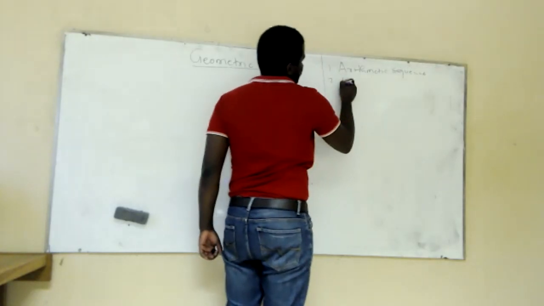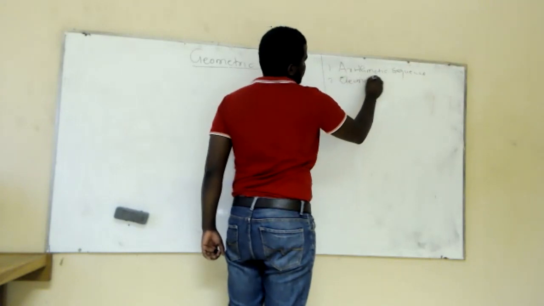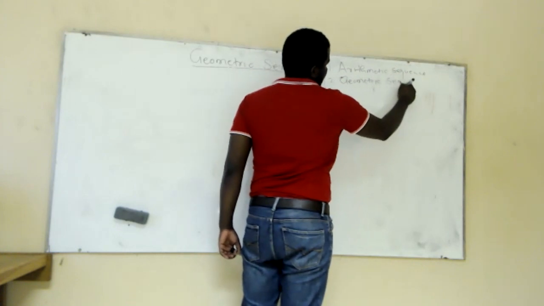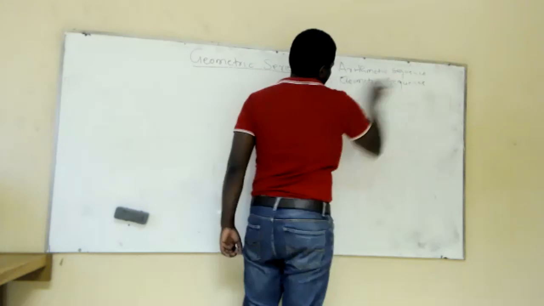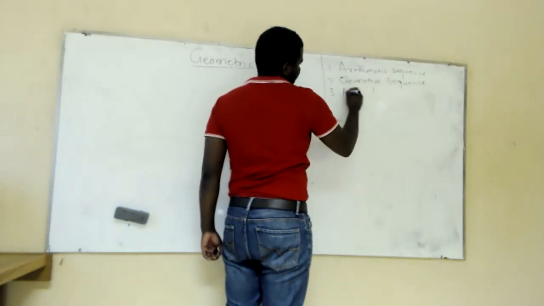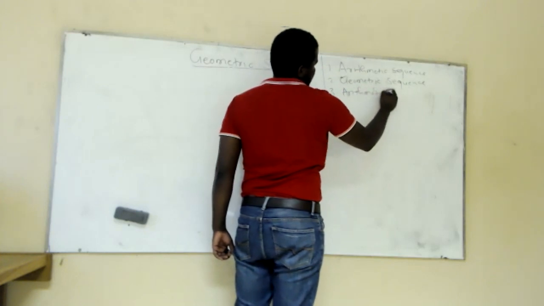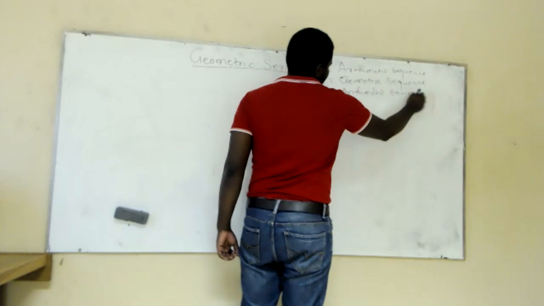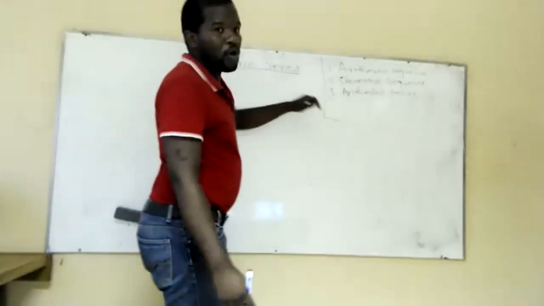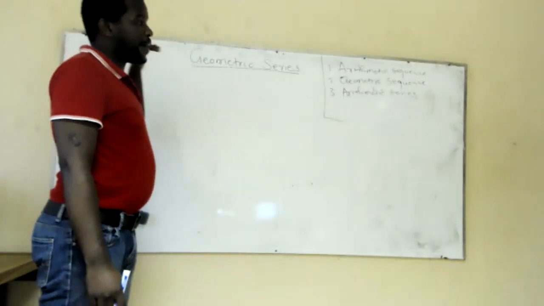And then the second is what is called geometric sequence. And then number three is what is called the arithmetic series. So now today we're going to cover topic number 4, which is what is called a geometric series.